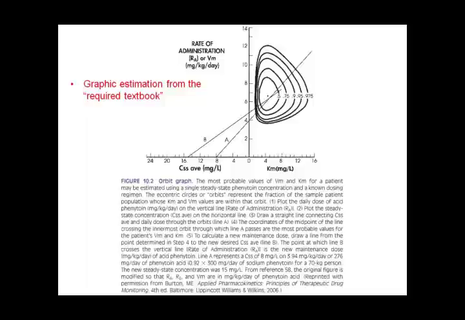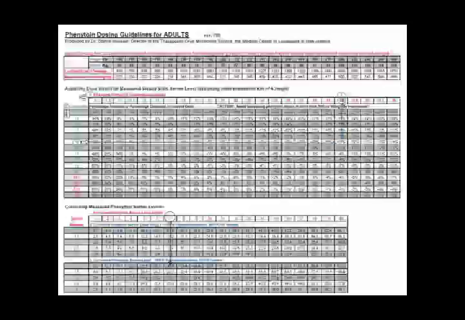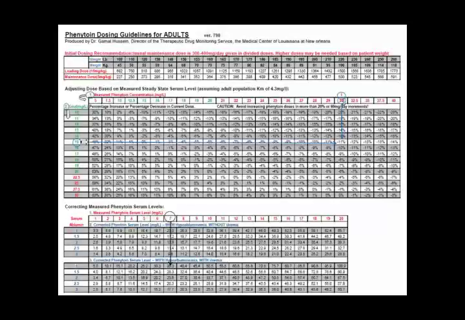This is not really used clinically often, just because of lack of accuracy when you use graphic methods. These are different equations that were also extracted from the slides that we have. This is a dosing table that I designed a while back, and basically let me show you this in a PDF file where I can highlight some things.